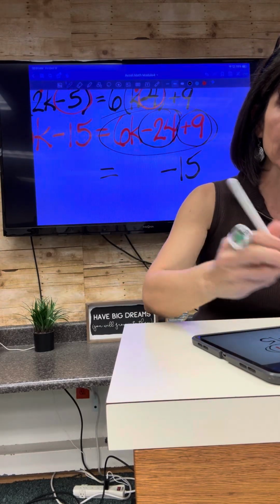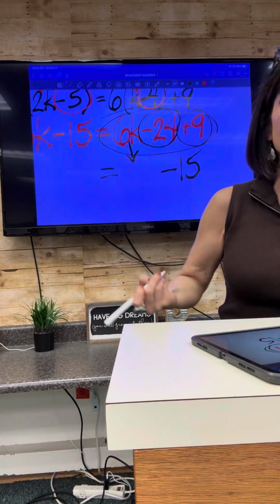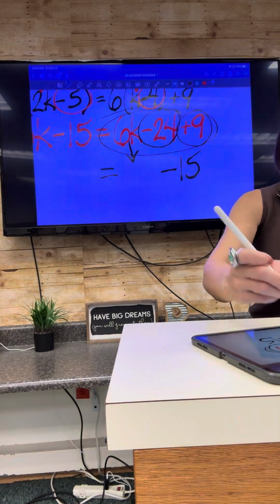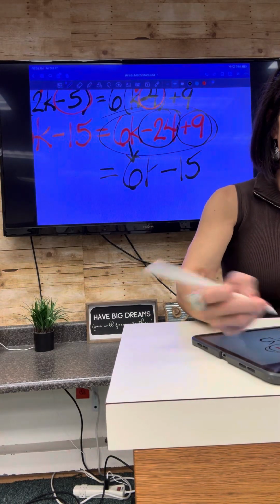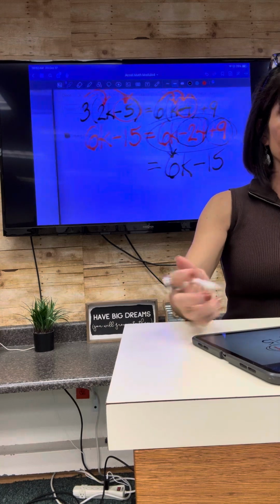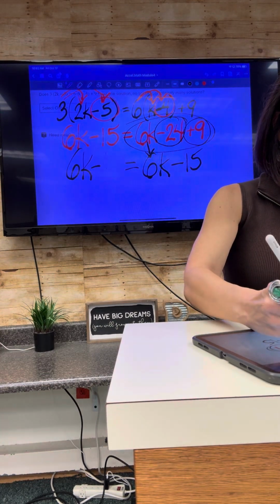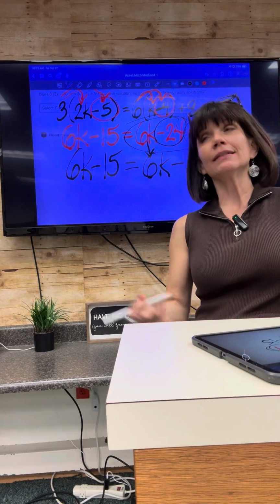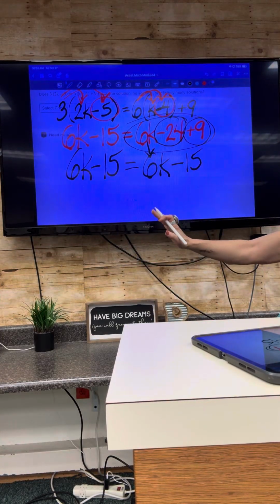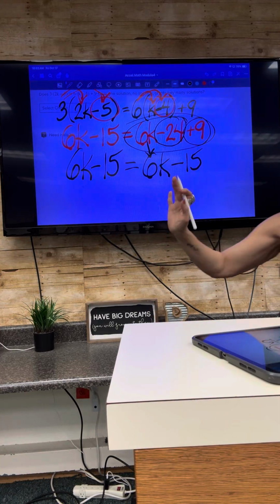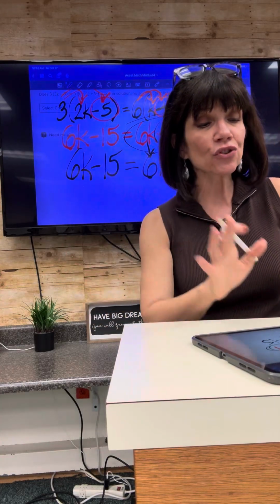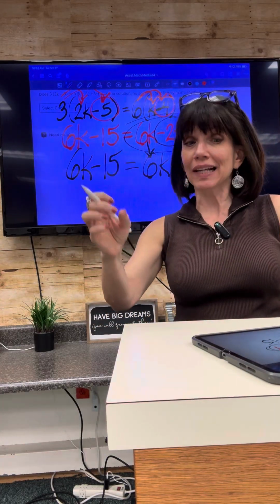All right, and then what am I copying over here? 6k. And on the left, 6k minus 15. Now, guys, I know we can probably already tell, but let's go ahead and solve by undoing the 6k.